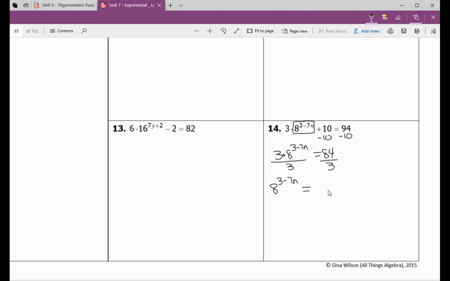What is 84 divided by 3? So I had to do 2 moves. I had to subtract the 10 first, and then I had to divide by 3 to get the base and the exponent by itself. You can't have anything other than the base and whatever the exponent is. Now you are ready to log both sides.